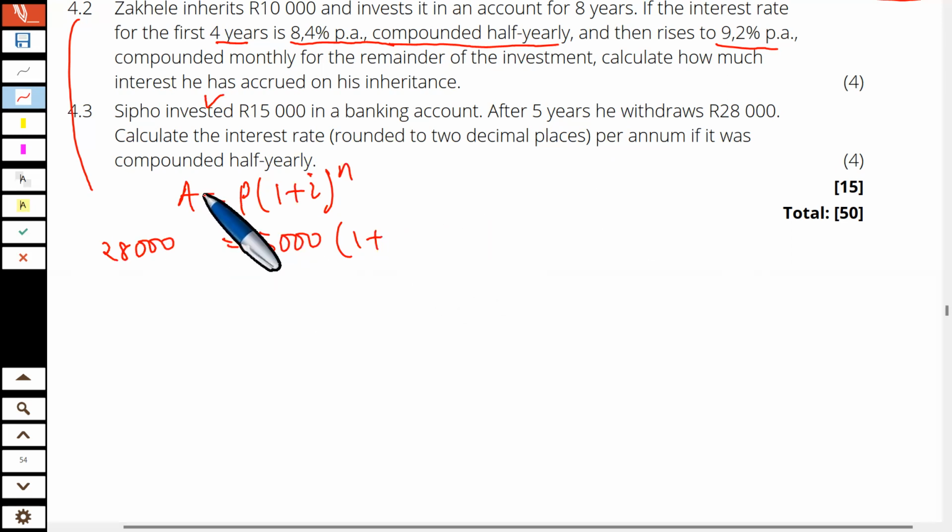Right. And then obviously at this point, you have A equals P into this. You need to calculate the interest rate, but now it is compounded half yearly.